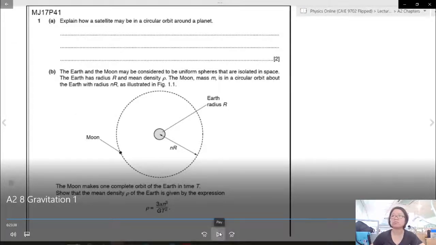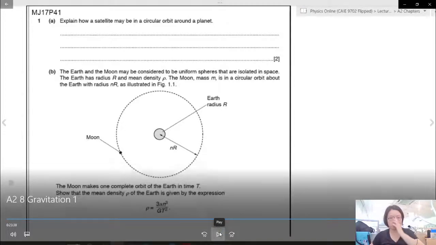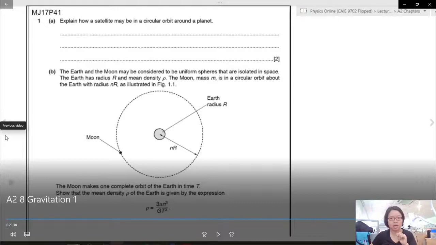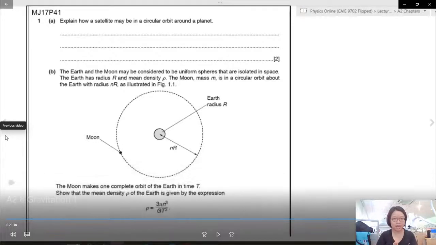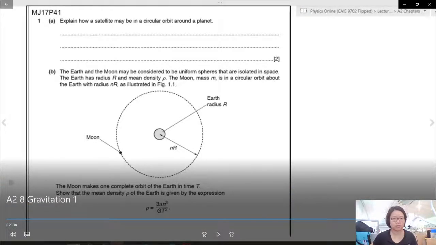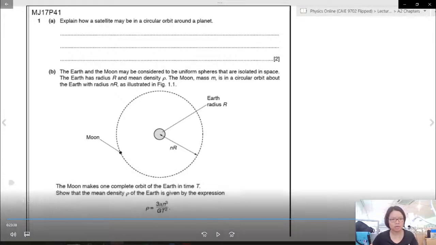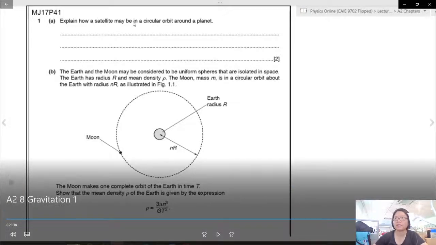Okay, we will continue. By the way, spend some time to think about what is actually happening in your circular orbit, okay? And I feel that the video is a bit fidgety, but we shall see. Okay, so explain how a satellite may be in a circular orbit around the planet.